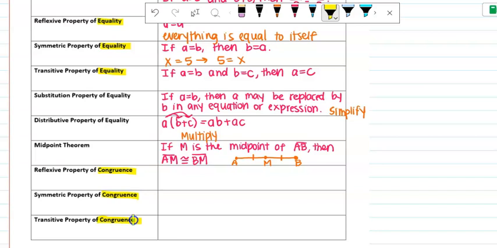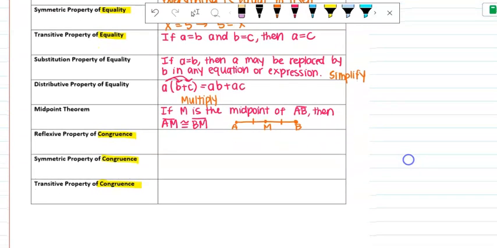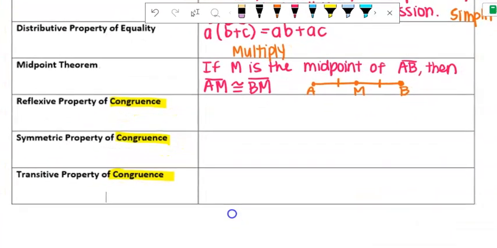So the only difference is it's the same definition, but instead of equal signs, we're now going to have congruent signs. So the reflexive property says that if we have a segment AB, it's congruent to itself. It's also congruent to segment AB.